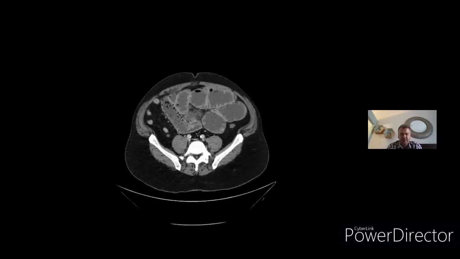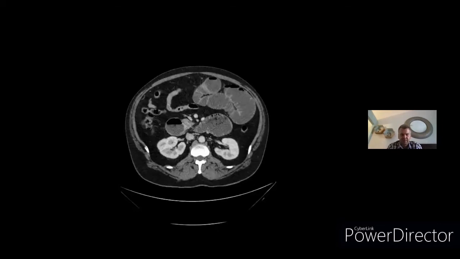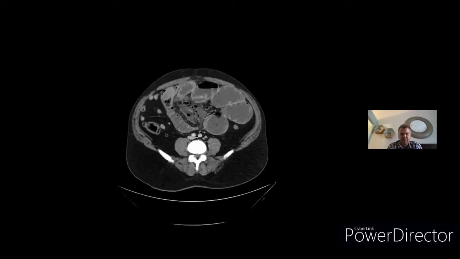Here you're appreciating that there's small bowel dilatation and small bowel obstruction with some pneumatosis in the wall of that jejunal loop. Here you can see that there is some small bowel which is still collapsed, suggesting that there is a transition point and there's a mechanical obstruction at some point in the small intestine.